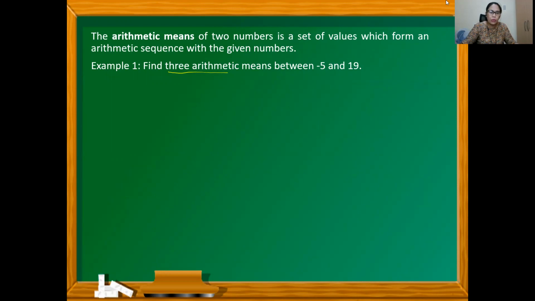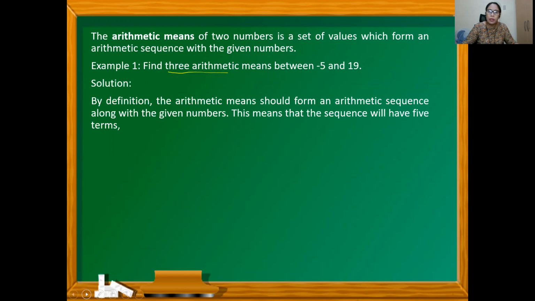So, what we're going to do here, by definition, the arithmetic means should form an arithmetic sequence along with the given numbers. So, this means that the sequence will have 5 terms. So, this is the first term, then we have 3 terms in between, and then the fifth term, 19. Okay, so we have a sub 1 equals -5, and a sub 5 equals 19.